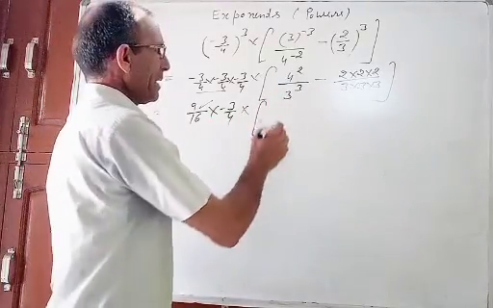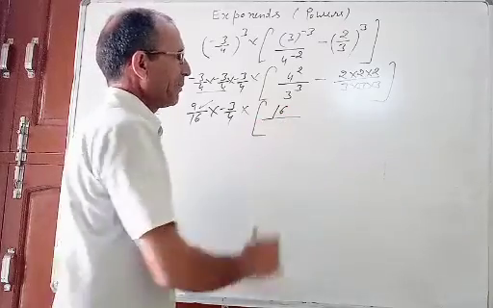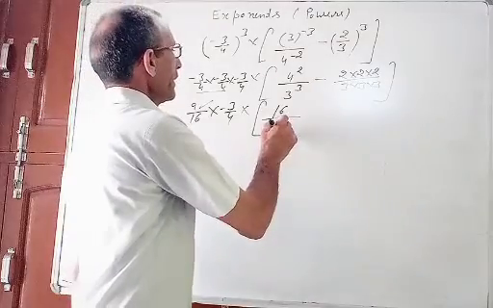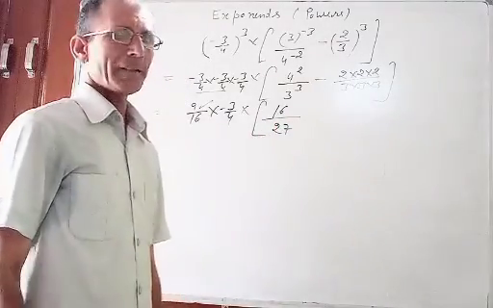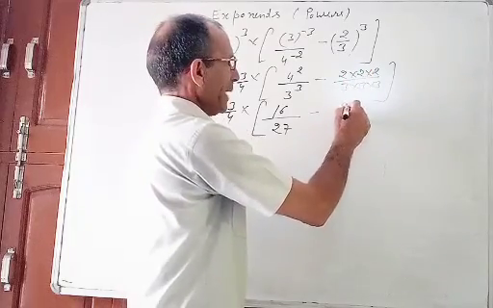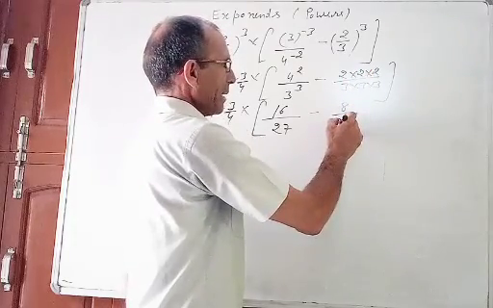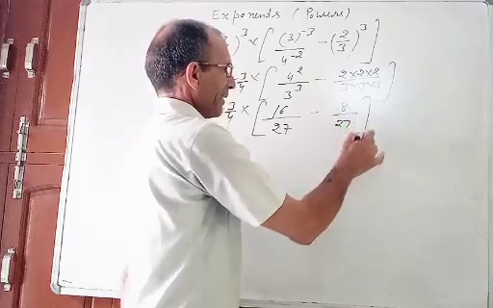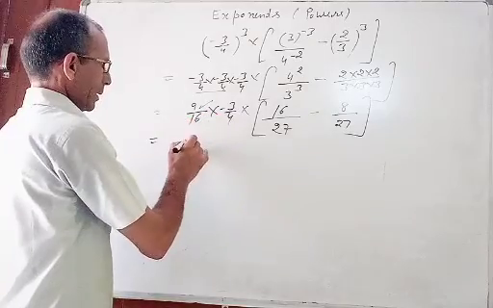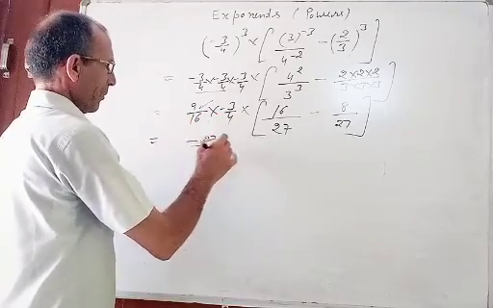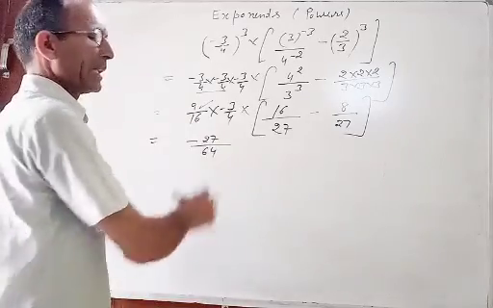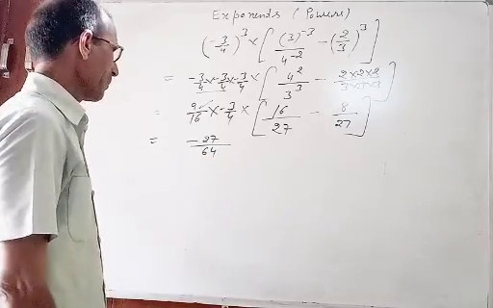Now 4 square means 4 multiplied 2 times, 16. 3 cube means 3 multiplied 3 times, 27. 2 cube is 8, and 3 cube is 27. So 27 by 64. 9 multiplied with minus 3 is minus 27 by 64.